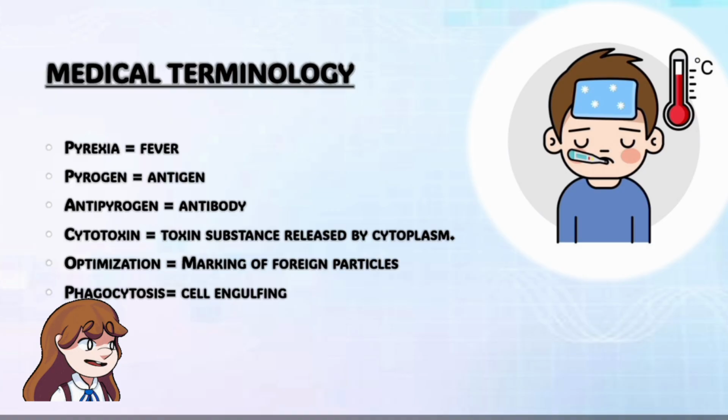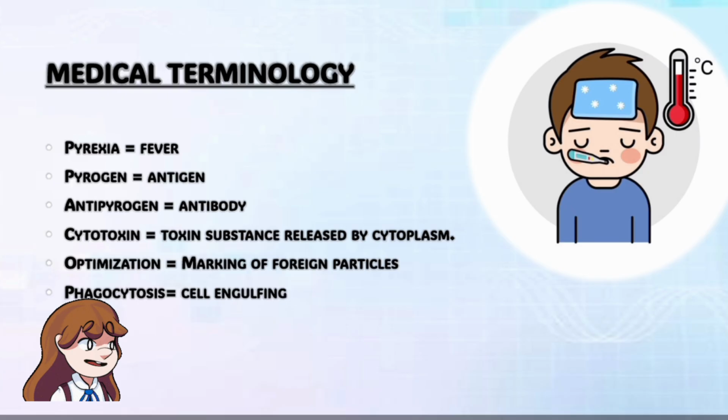Firstly, let's understand some medical terms to understand this topic more clearly and easily. First of all, pyrexia. Pyrexia is a medical term used for fever. Next, pyrogen. Pyrogen is an antigen, a fever-causing agent. Next, antipyrogen.